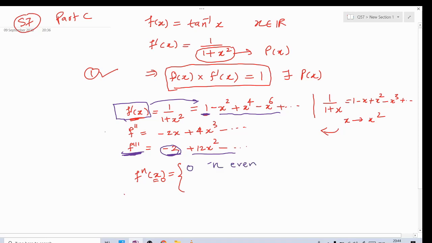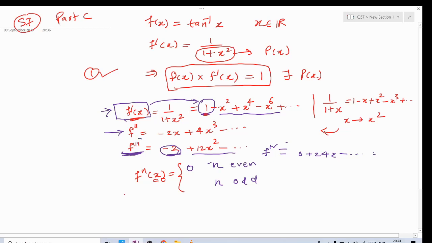Okay, let's look carefully. If you look at the fourth derivative, what will my fourth derivative be? The fourth derivative will be 0, 24x, and these are non-zero terms. If I substitute x equal to 0 again, I will get 0. So whenever n is an even number, I am going to get derivative 0, and whenever n is odd, which is the case for n equals 1, I am going to get a non-zero term here.